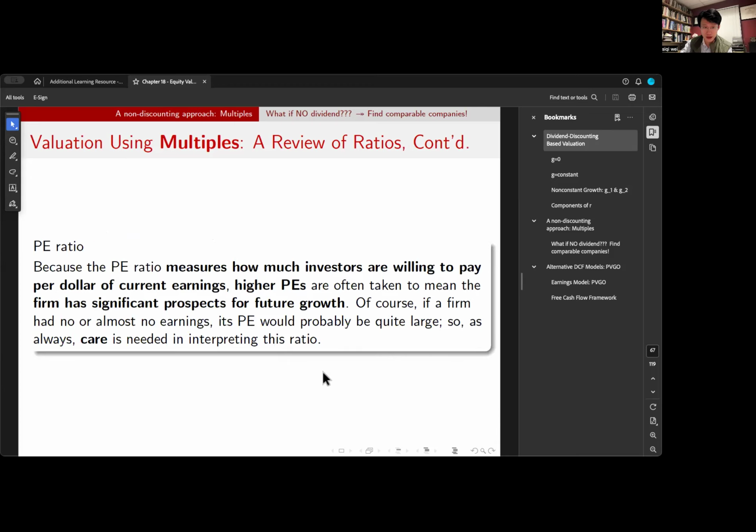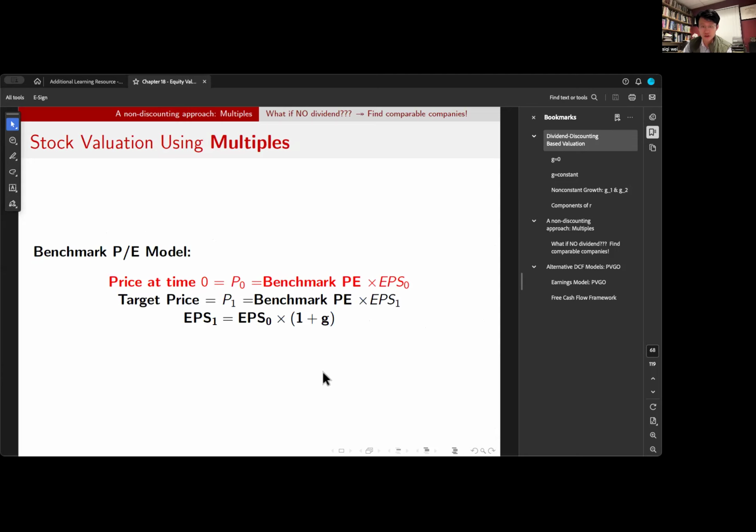Now, the beauty of this financial multiple approach is that you can calculate the share price without touching the dividend information. So the idea is that we can find out the EPS easily from the accounting statements, right? All we need to do is to sort out a benchmark PE ratio from its industry peers.